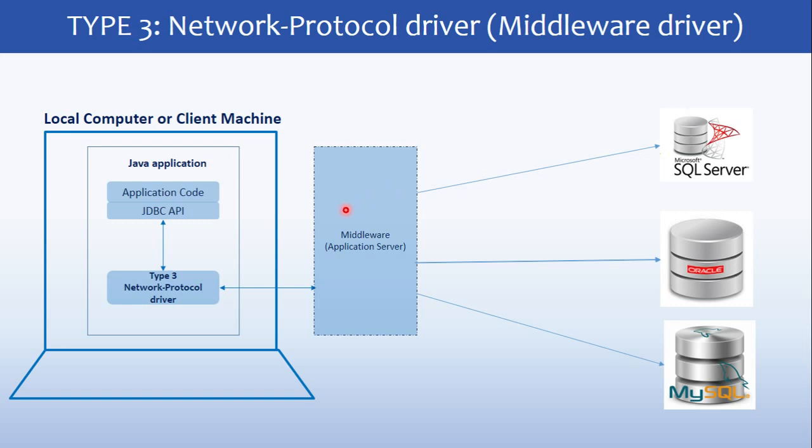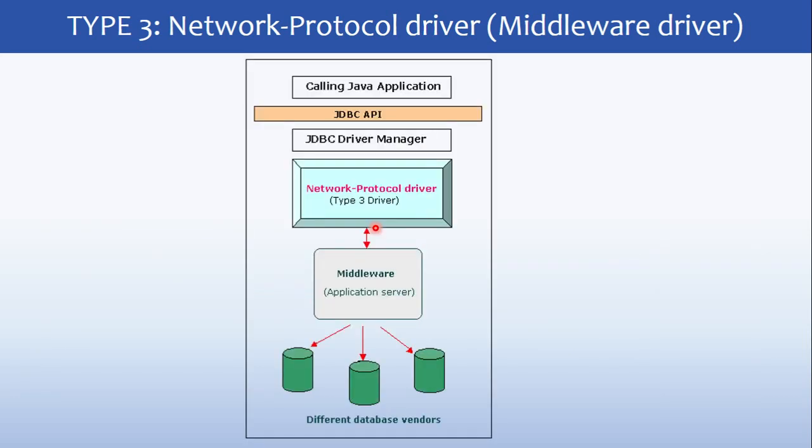All the database vendor dependencies are still there, but are looked after by the middleware. That's why the Type 3 driver is free from all those dependencies, and that is a very good benefit of a Type 3 driver.